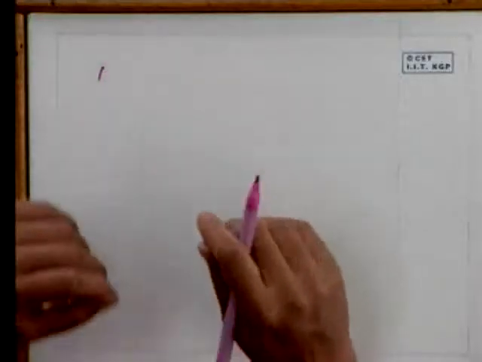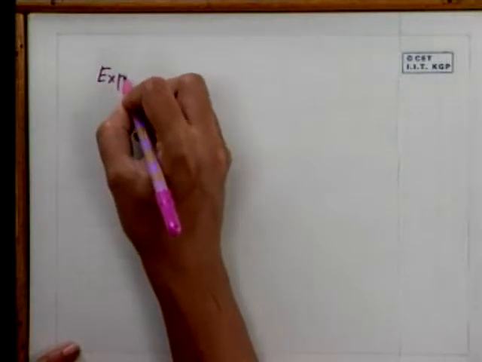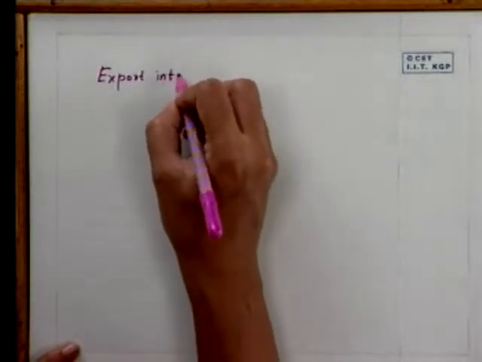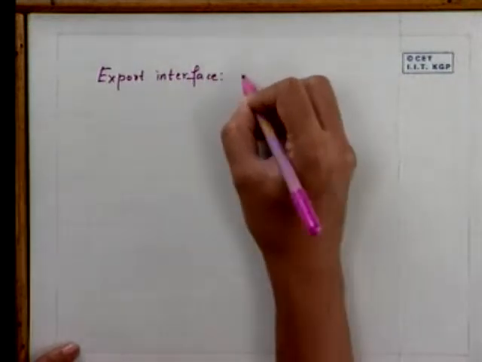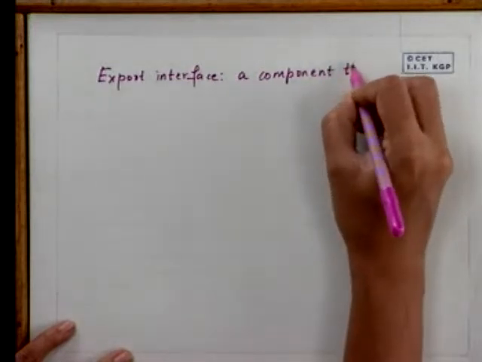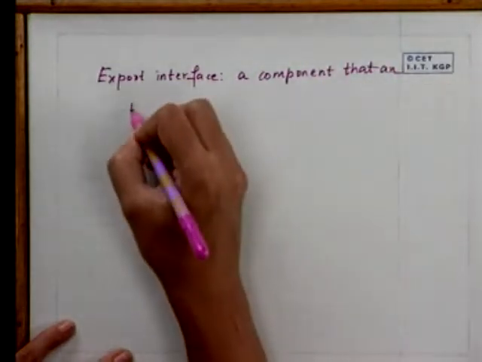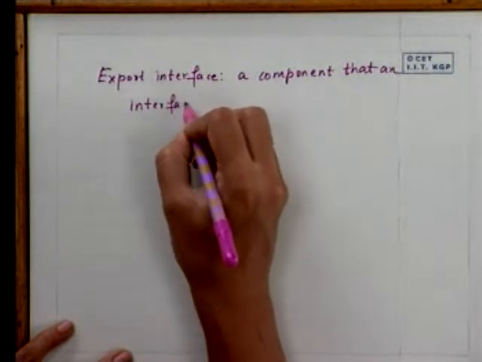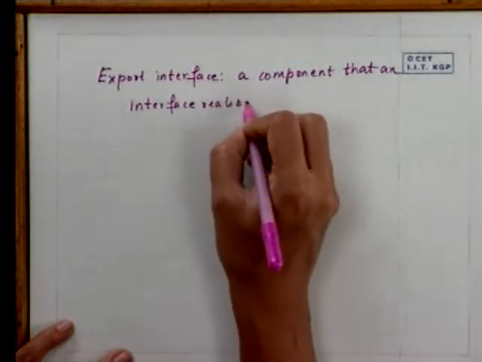So there are two types of interfaces. An interface that a component realizes is called an export interface, and an interface that a component uses is called an import interface. An export interface is an interface that a component realizes, and it provides it as a service to other components.